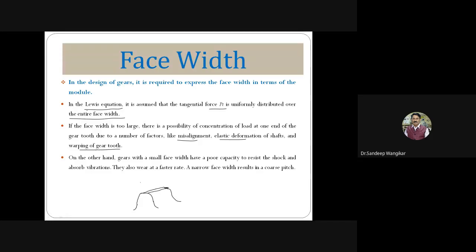What is the face width in this terminology? This distance is the face width. It is denoted by B, and it is expressed in terms of module. We will discuss that in the next slide.